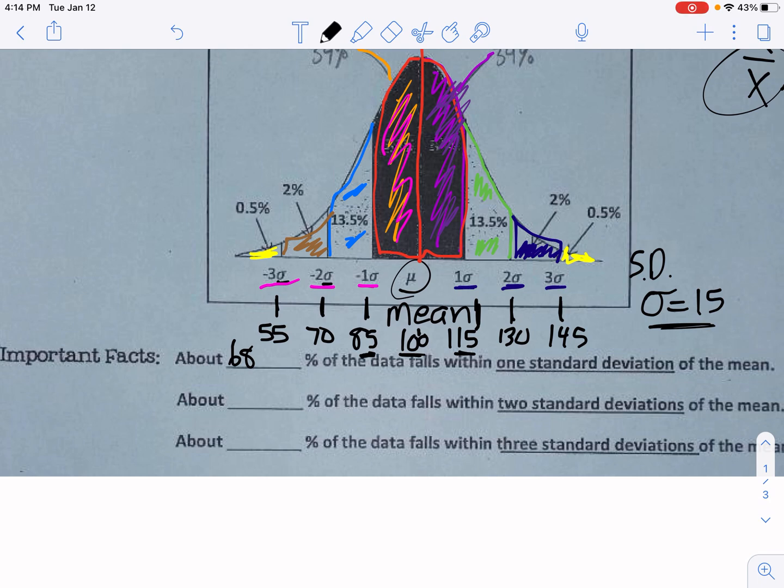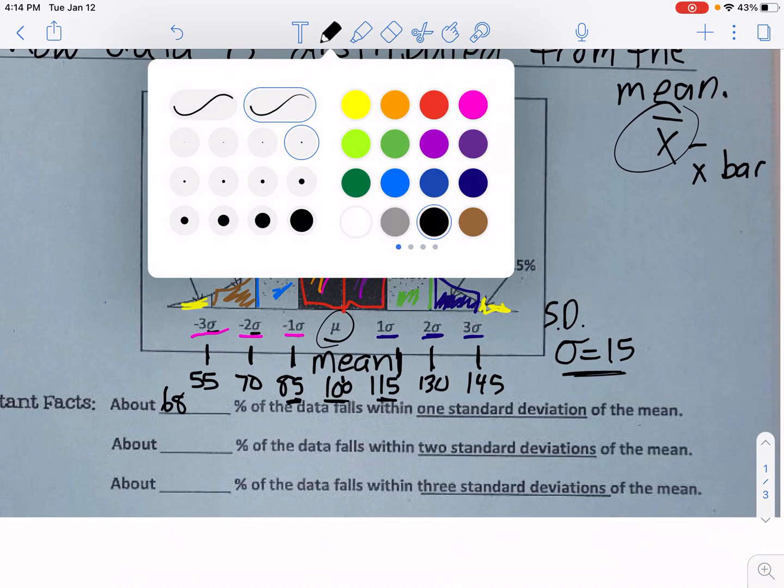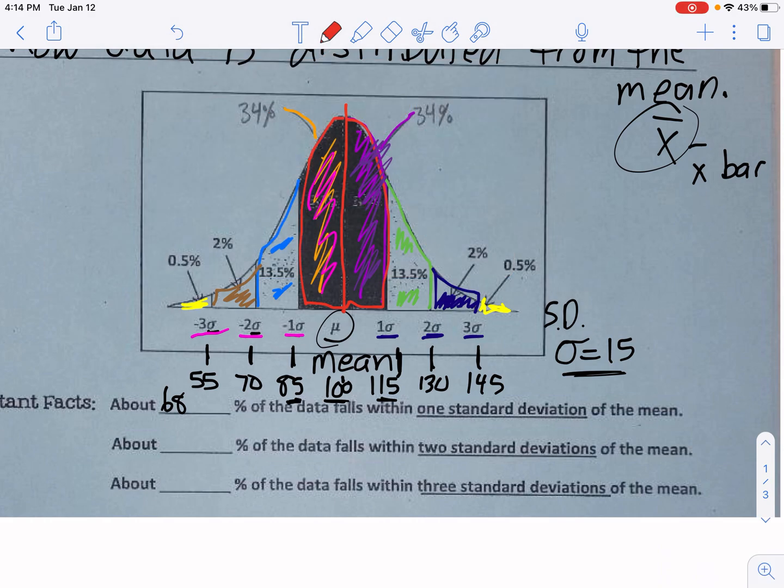If we're going 2 standard deviations away, well, then it wouldn't just be that. Now we're talking about this guy, this guy, this guy, and this guy. Because notice, that's 2 standard deviations away from the mean. So now we're talking about the 68%, but we're also including the 13.5% and 13.5%, okay?